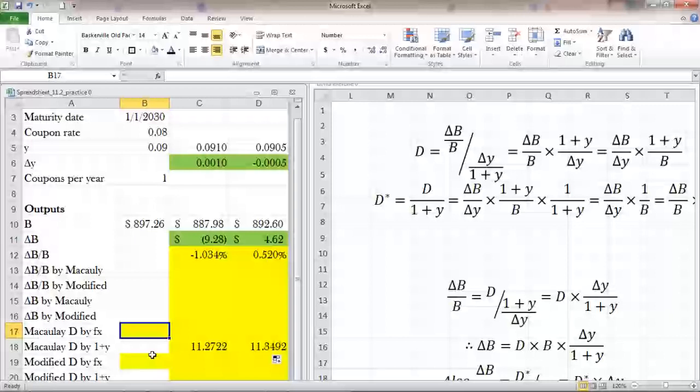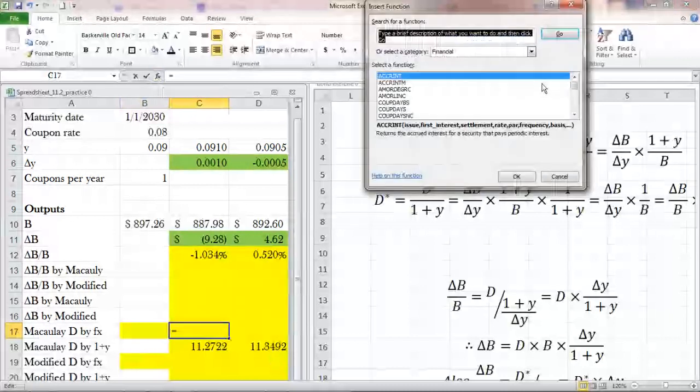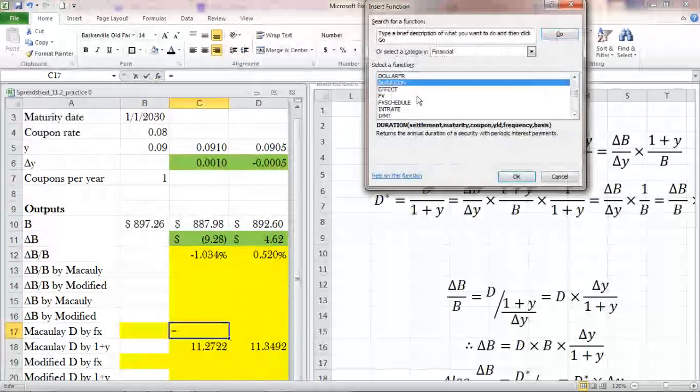So here, insert function, this should be financial. So you scroll down, okay, here's duration. Duration is Macaulay duration.